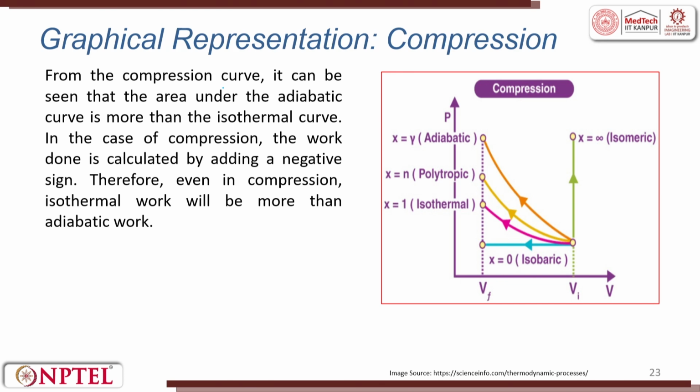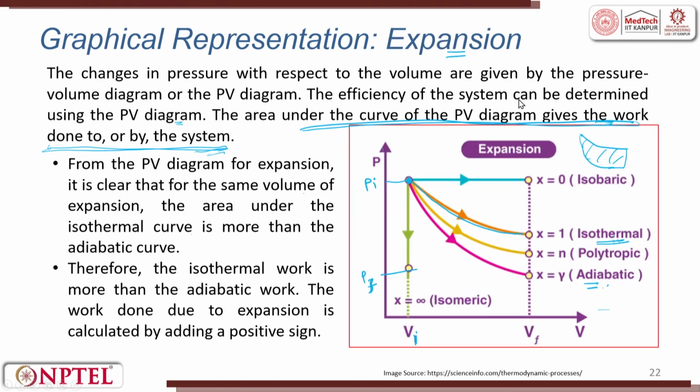Now for the compression curve. So this is expansion. Expansion means moving, right? You can see isobaric, pressure constant. Then what happens to the volume? It changes. Then X equal to n is polytropic. This is for expansion. What happens when you do the reverse?